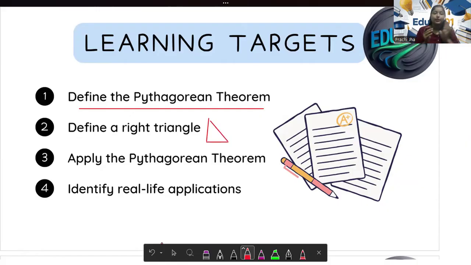Okay, let's move on. Then we will see how to apply the Pythagorean theorem, because this is one of the most important and key steps where people generally get stuck. So no worries, we are gonna master it today. Then we will identify the real life applications of Pythagorean theorem.